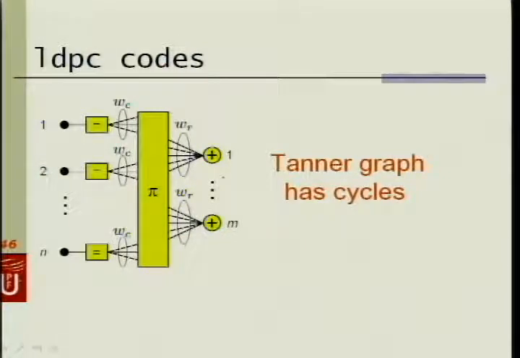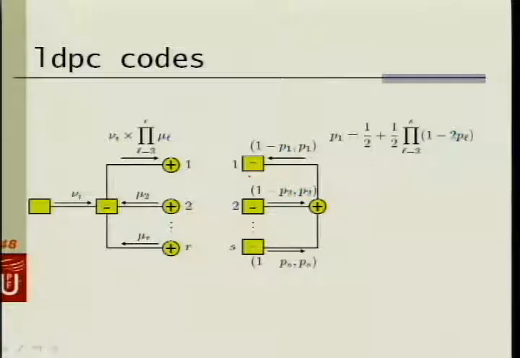Very simple blocks, which means very simple kinds of calculations have to be performed by each block when we do the sum product algorithm step. Okay, so the scheduling may be from left to right and from right to left. We compute all the messages going from left to right, then we compute the messages from right to left, and we keep on iterating until the a posteriori probability stabilizes to an almost constant value.